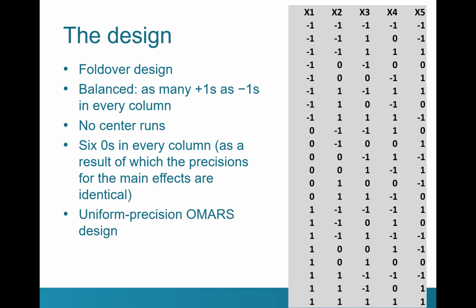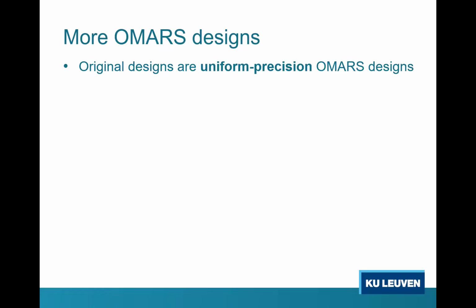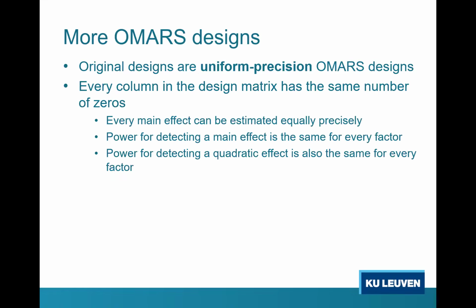So that's the very first example of an OMARS. Now, after our first discovery of OMARS designs, we kept on working hard to find more OMARS designs. One of the things we did was we relaxed the requirement that every column should have the same number of zeros.